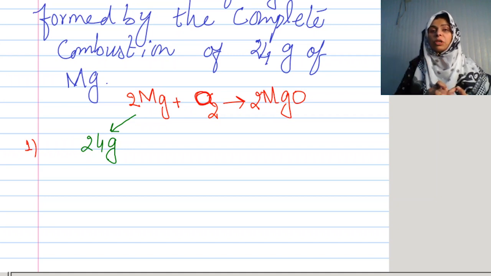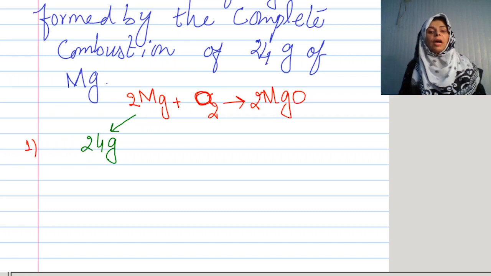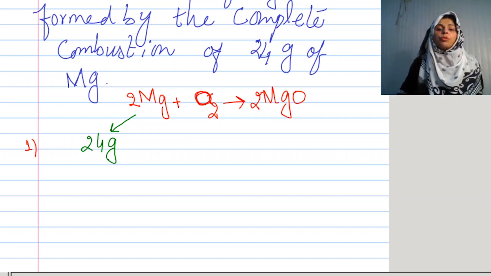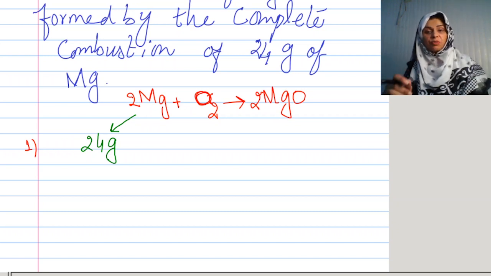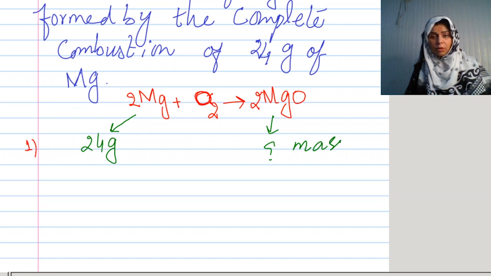If we have the equation, we have to calculate from one part to another part like this. So 24 gram of magnesium reacts with oxygen to form magnesium oxide, and we have to calculate the mass of magnesium oxide.